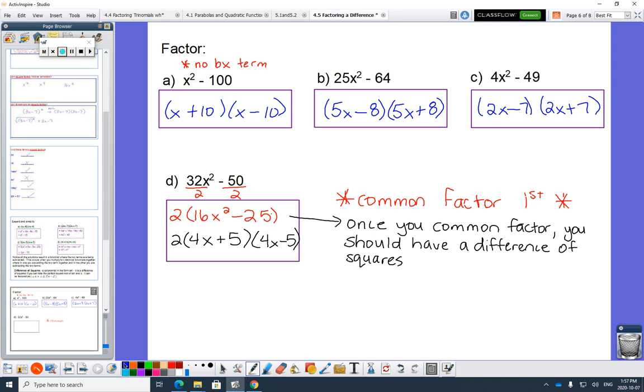Because you want the middle term to cancel out. So you need a positive term and a negative, right? Because anything plus minus will change to 0, as long as it's perfectly equal. So they almost look identical. One's positive, one's negative.